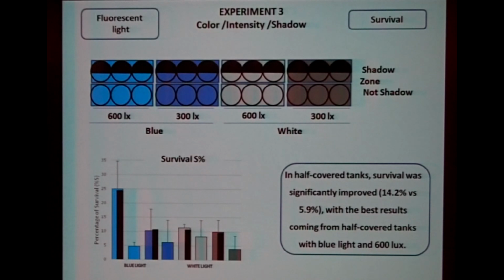So the conclusion is that we improved the survival, but mainly due to this treatment: 600 lux, blue, and half-covered tanks. So there is an interaction, but also a significant effect of the shaded zone for this factor alone.